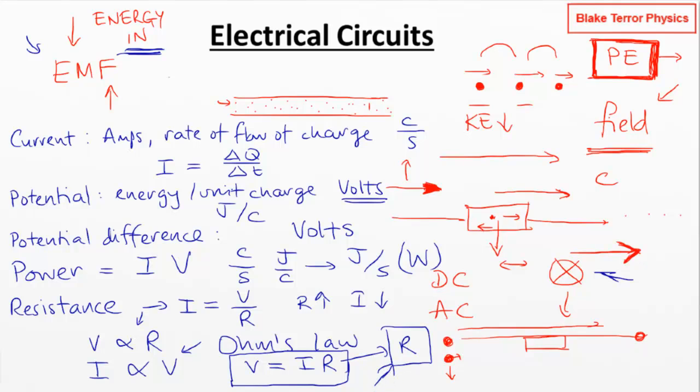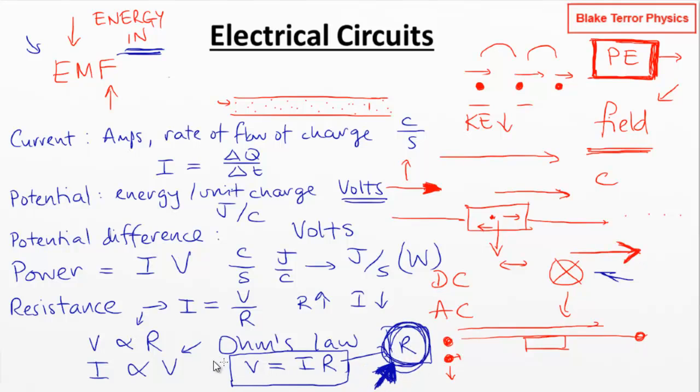Now, this isn't always the case. For a lot of components, the resistance is going to change depending on circumstance. You've only got an ohmic conductor, something which is obeying Ohm's law, if we've got this constant resistance.